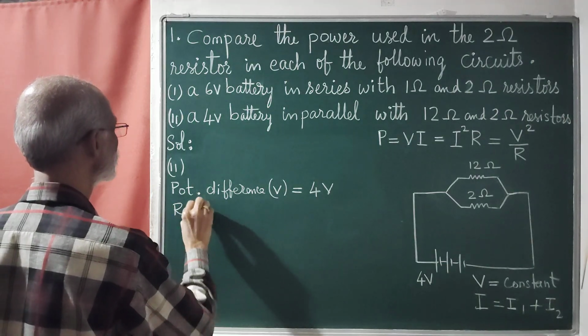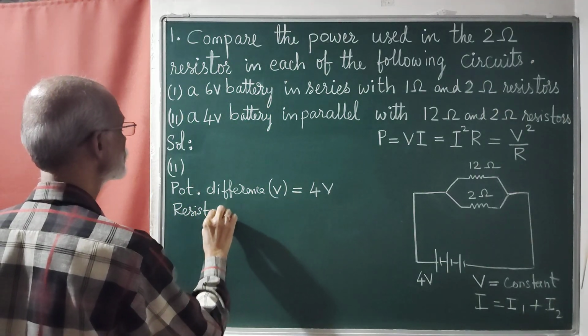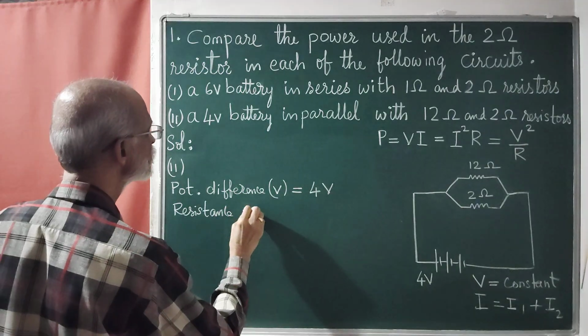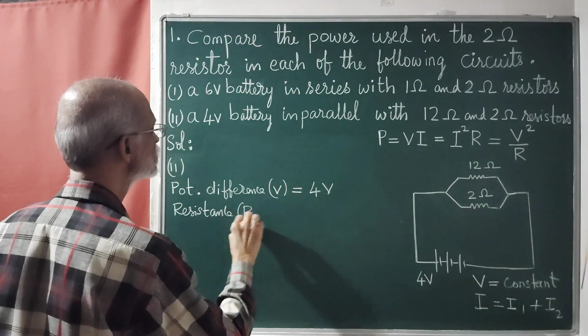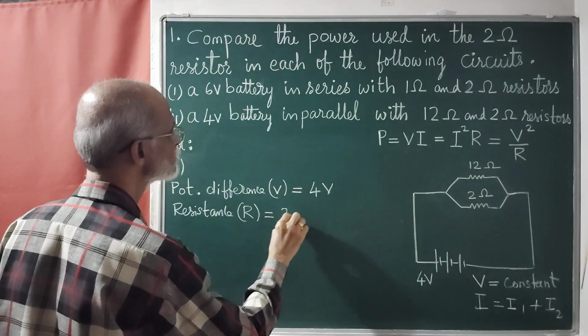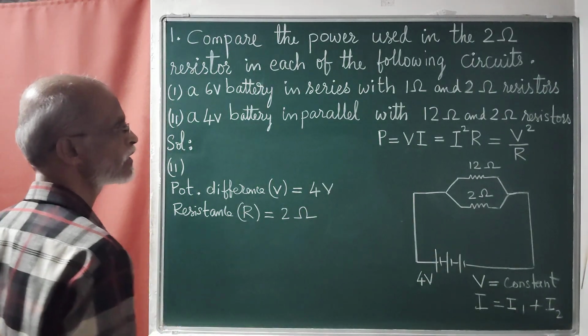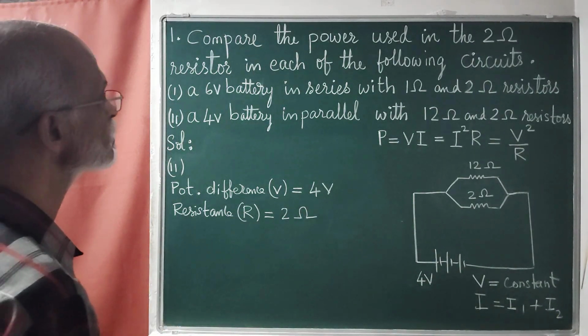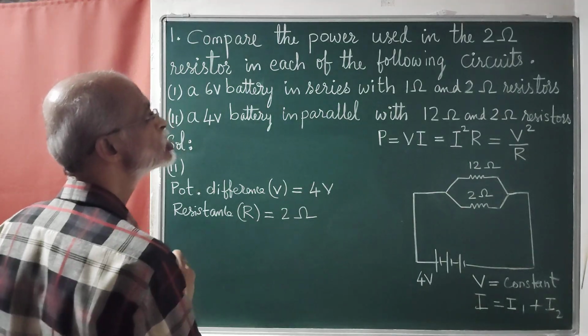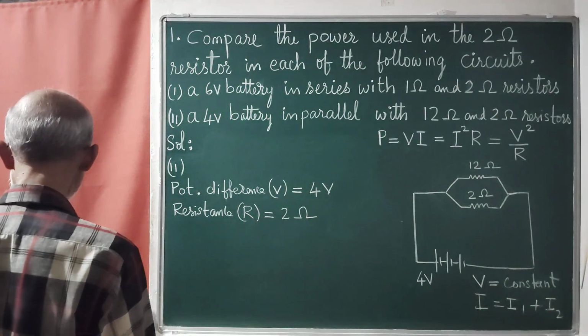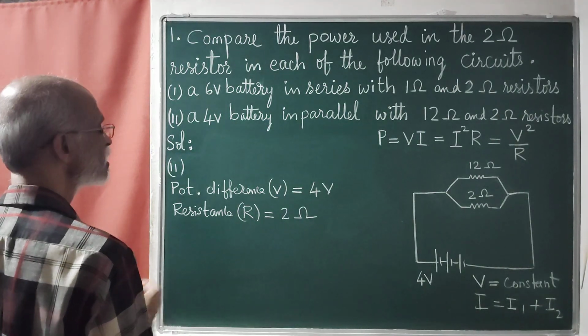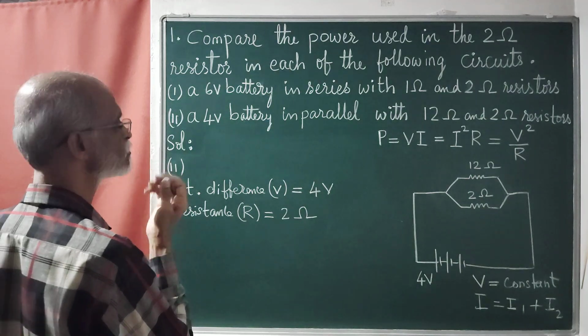Resistance, R is equal to 2 ohms. Now I can calculate the current. So I have to calculate the power. Sorry, I should calculate the power.